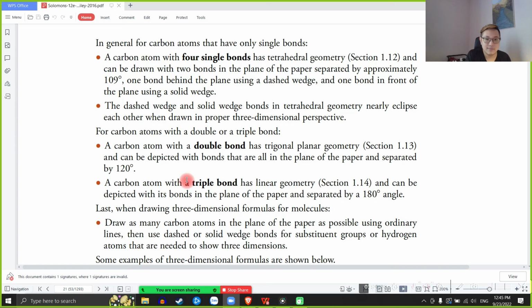And because of the double bond like that, it has a trigonal planar geometry. So basically, it's like this, like on the same piece of paper.